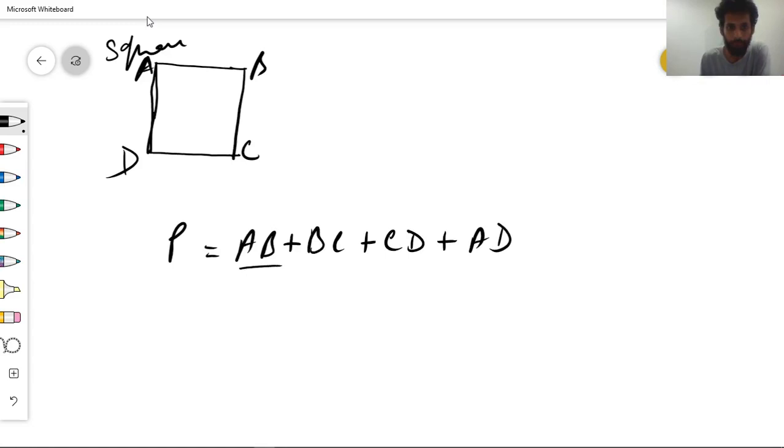We have to just add all the sides: AB, then BC, then CD, then AD.